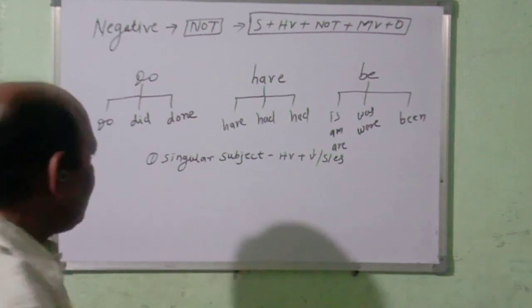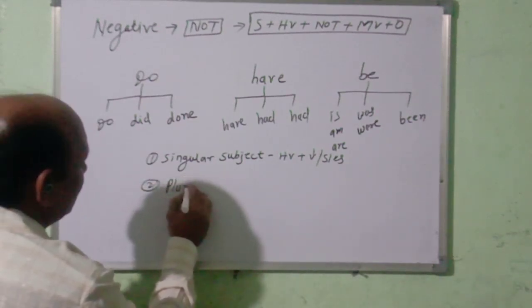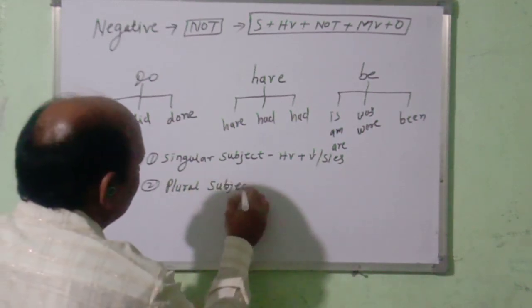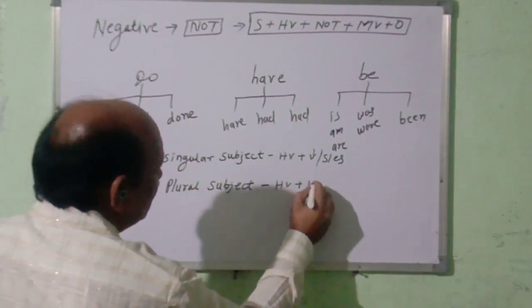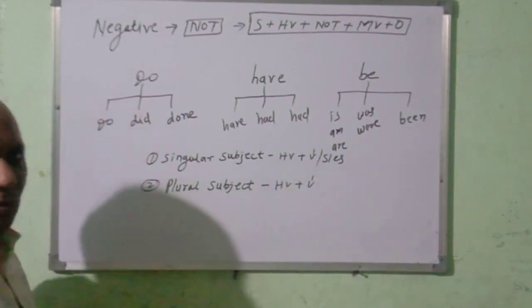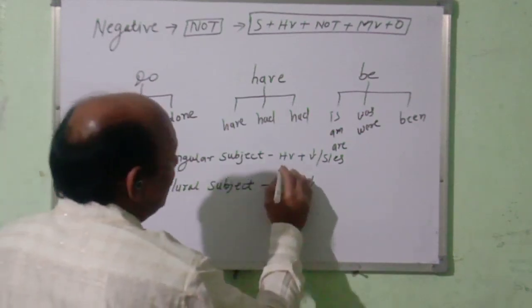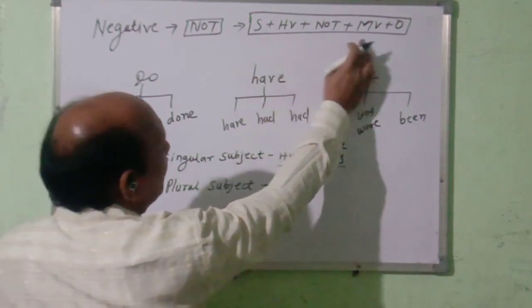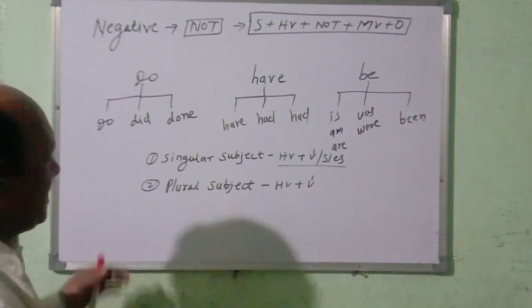Getting or not? When you are talking about the plural subject, at that time you have to use helping verb plus V1 only. Okay, so what is the structure of the negative sentence? That is subject, helping verb, not, main verb and object.